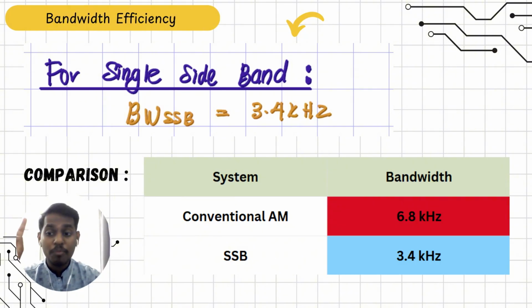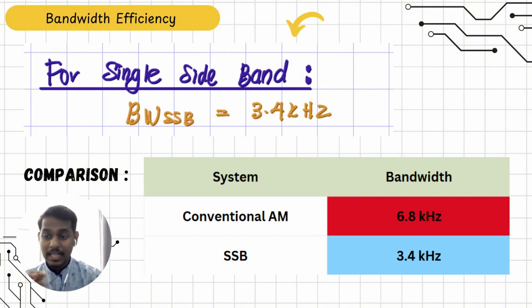Now let's compare with conventional AM, where we have to multiply by 2 like just now and get 6.8 kilohertz. So for SSB we only get 3.4, but for AM we get 6.8 because we have to multiply by 2.